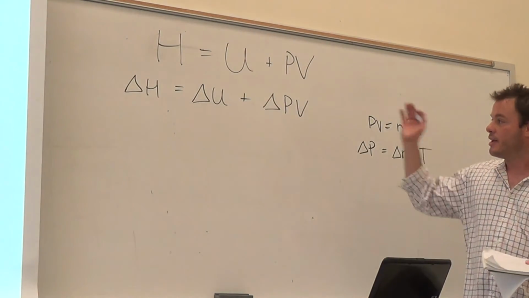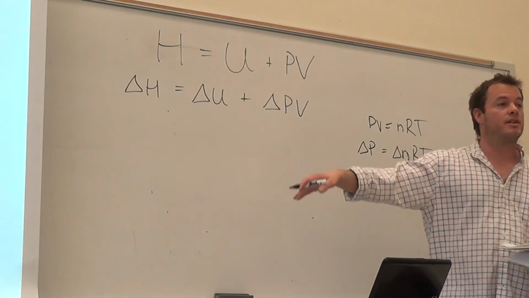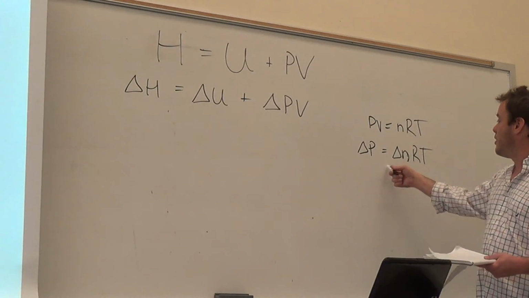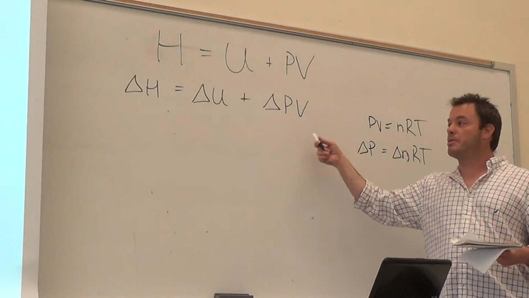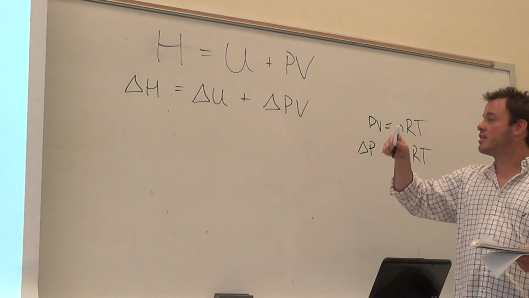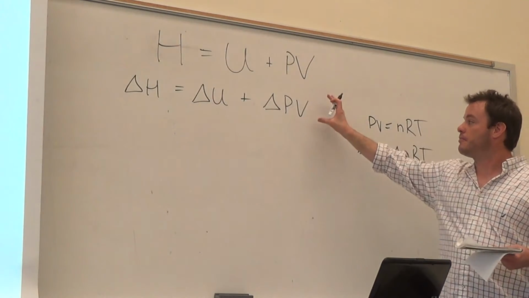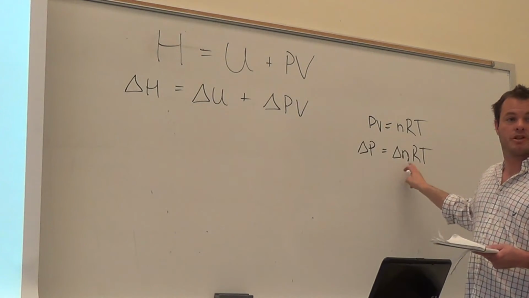Your homework problems will tell you what a delta U was, and they'll say turn that into a delta H, or they'll tell you what a delta H was, and they'll say turn that into a delta U. And you're supposed to know that the difference between delta H and delta U is this PV term. So depending on whether you're going from delta U to delta H or delta H to delta U, you'll either be adding or subtracting this term, but that delta PV term is, if we're assuming ideal behavior, equal to delta nRT.